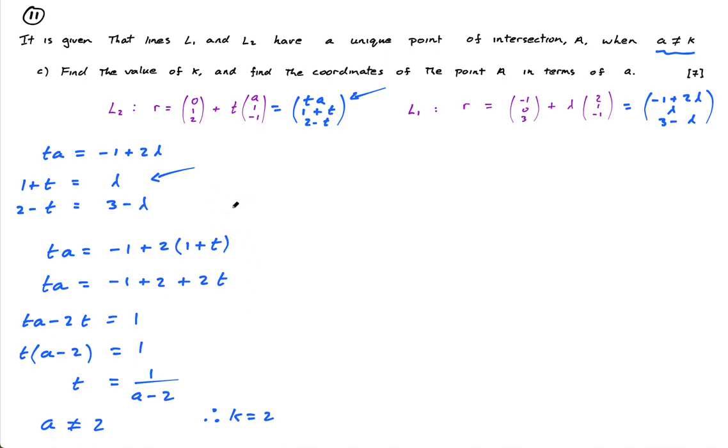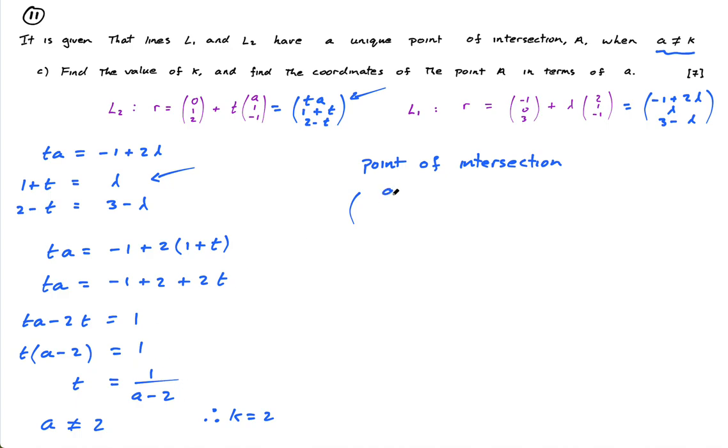So essentially, the point of intersection is ta. So the x coordinate is t times a, which is a times this, because this is t.